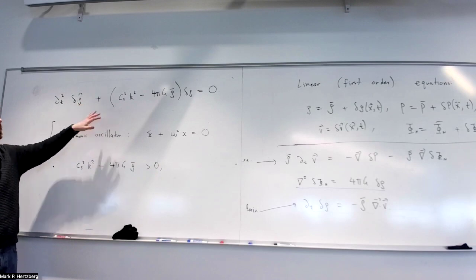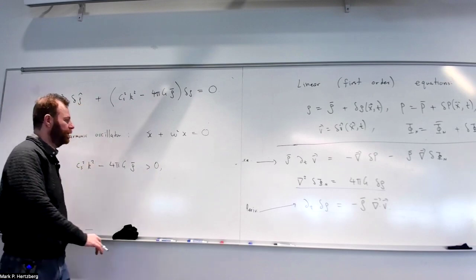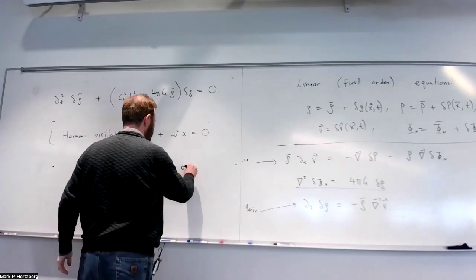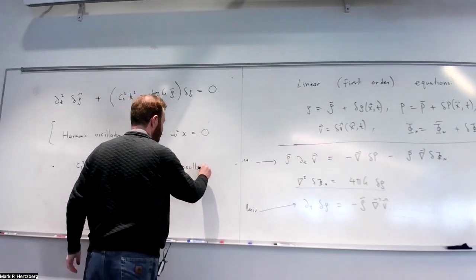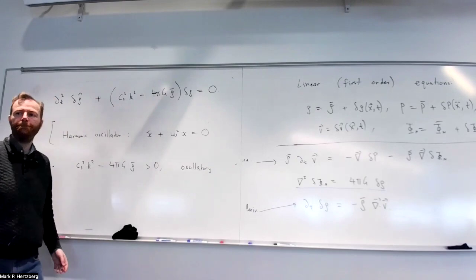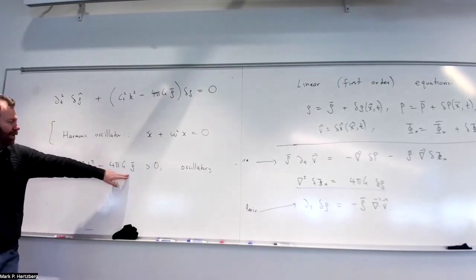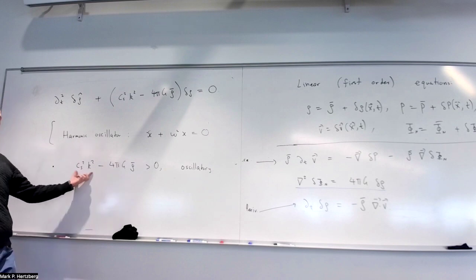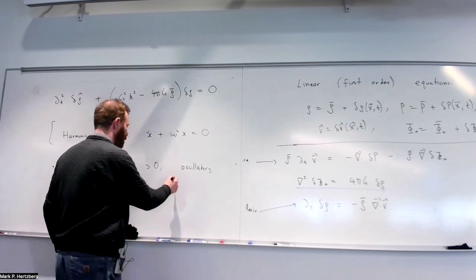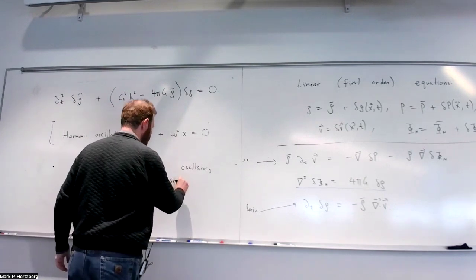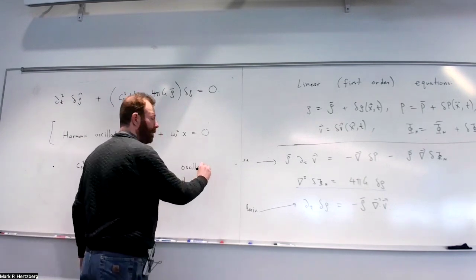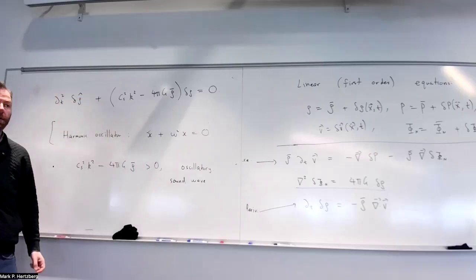This looks like a harmonic oscillator, and the solutions are just oscillatory. In this limit, the pressure term is dominating. So when pressure dominates, you should expect a good old sound wave to happen, and gravity is just a little bit of a correction.